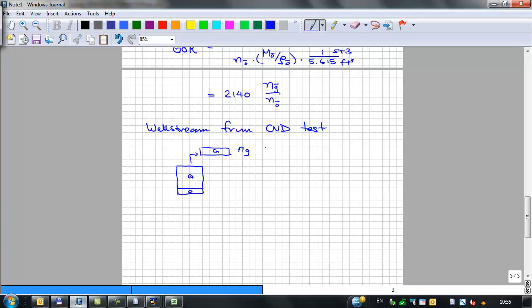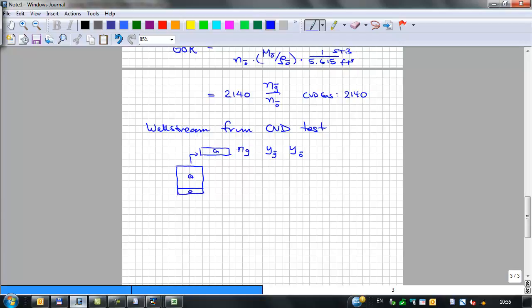And we can ask for the composition of that gas in terms of the SG lump component and the SO lump component. We can ask for the mole fraction of those two, and it'll give it to us. But if we're interested in the GOR of this removed gas, then for CVD gas, this term here, NG is going to be 2140.